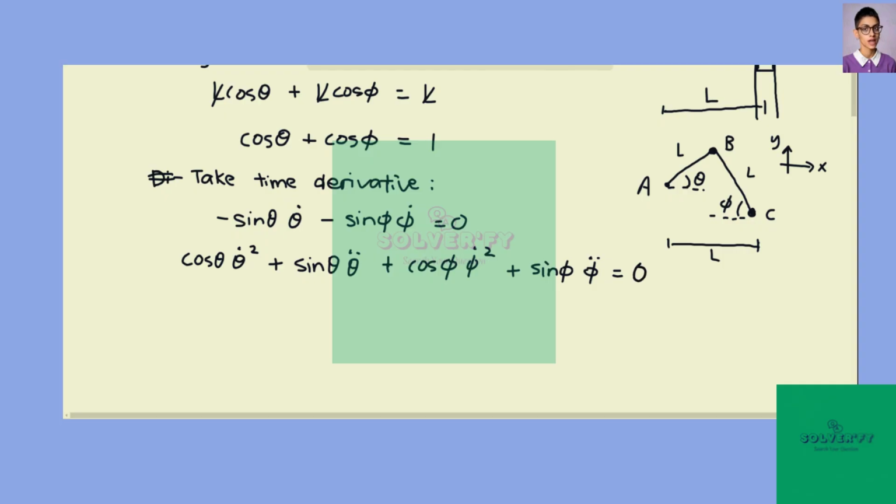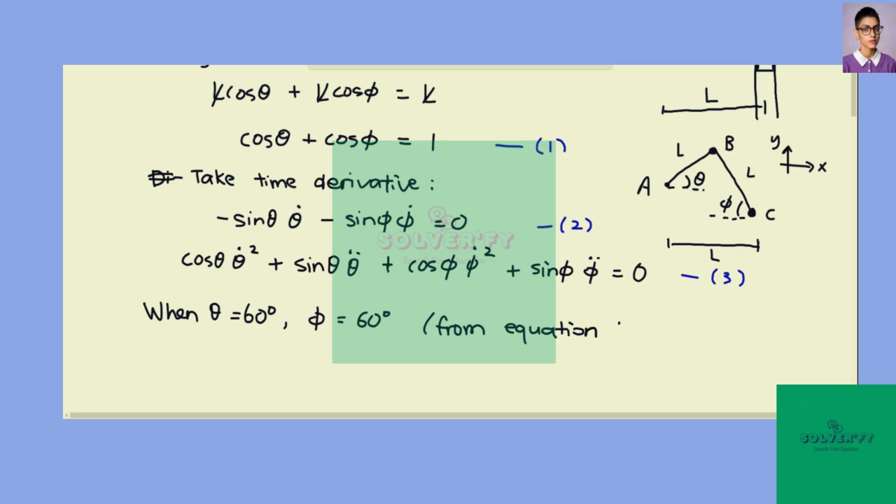Okay, so then when theta equals 60 degrees, phi is also 60 degrees. This is from equation 1: because cosine 60 degrees is half, cosine phi will be half, so phi will be 60 degrees.